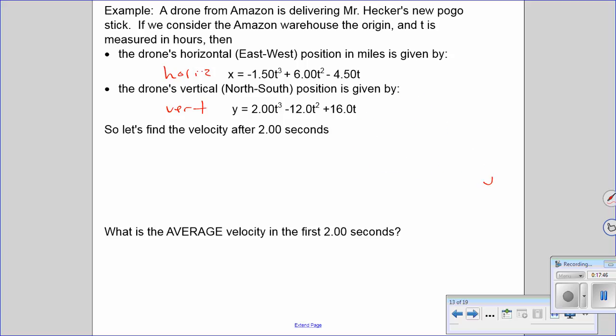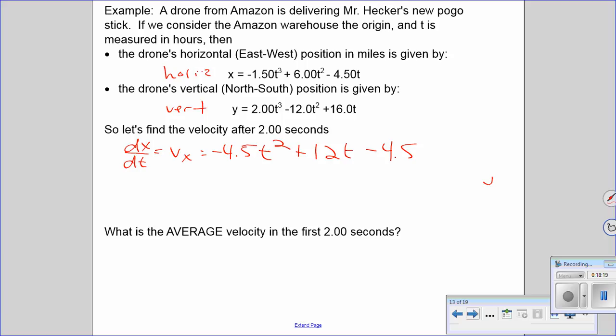All right, so let's find our dx/dt. The derivative of x with respect to t is our velocity in the x direction. That's what that represents, that's why I'm finding it. It's telling me my horizontal velocity. So I'm just going to take a derivative. I've got to bring down the exponent, so I'm going to do negative 1.5 times 3. That's negative 4.5 t squared plus 12t minus 4.5. And I'm being sloppy about my significant digits.